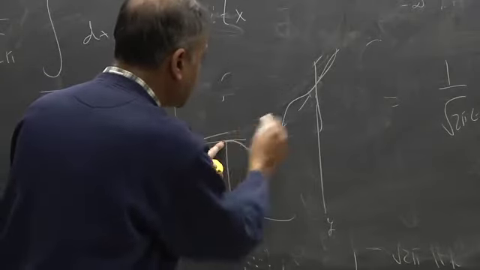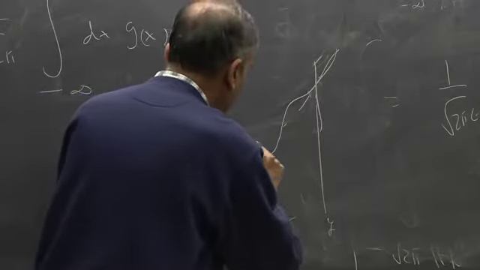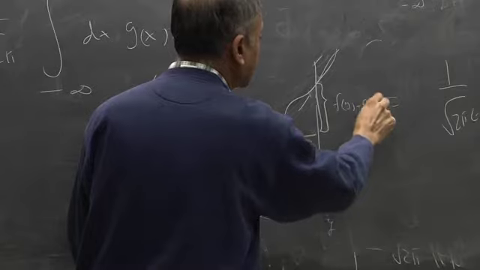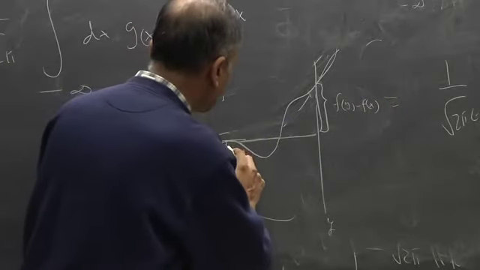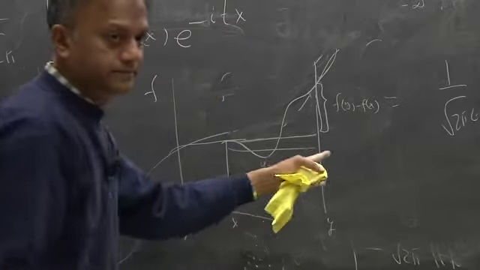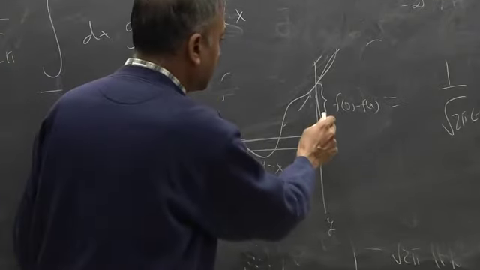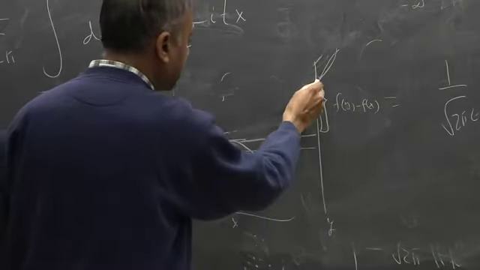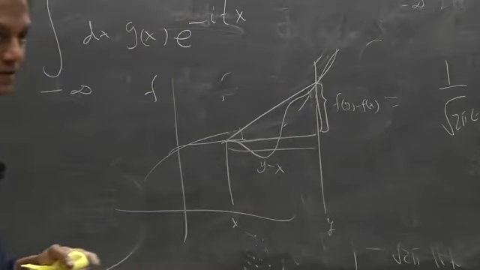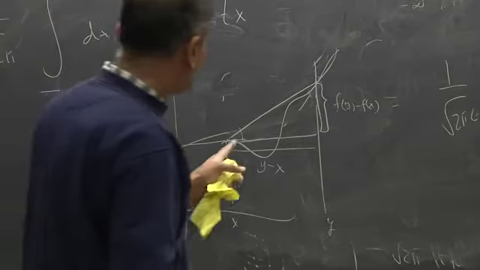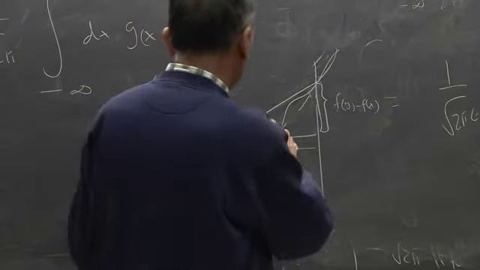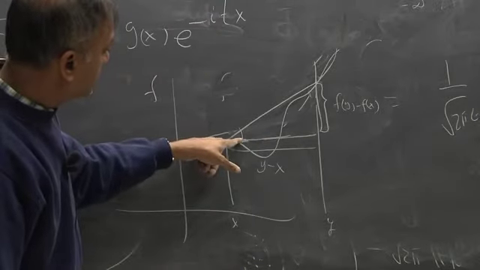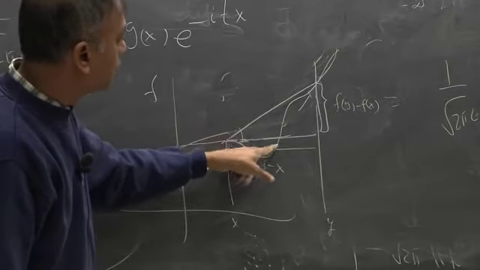So this is my f of x, and that is my f of y. So that is this quantity, the f of y minus f of x, whereas y minus x is this much. If I take the ratio now, f of y minus f of x divided by y minus x, that is simply the tangent of this angle. If you look at this tangent, it is going to be less than the maximum slope between these 2 points.